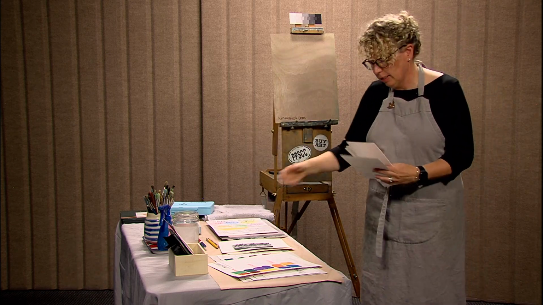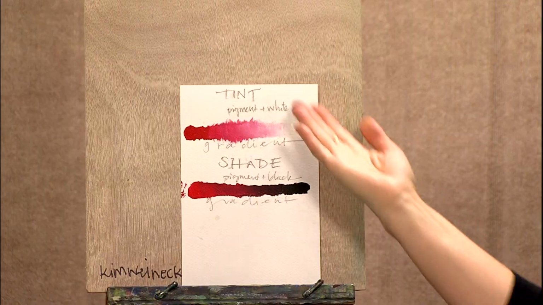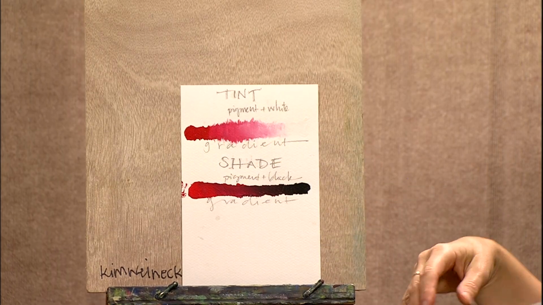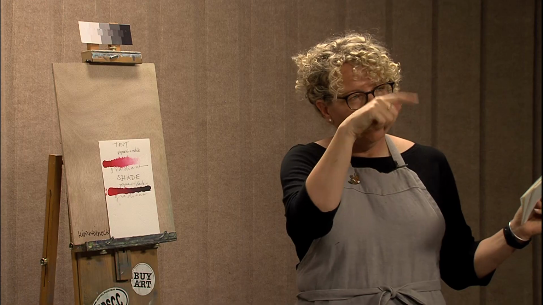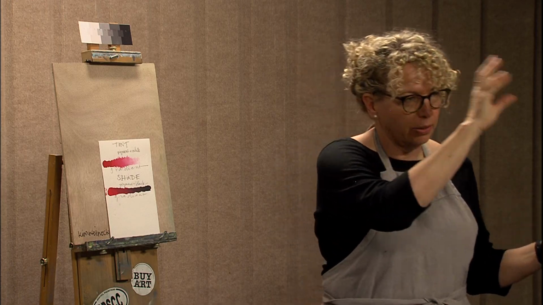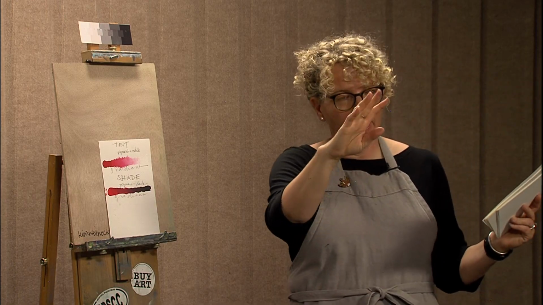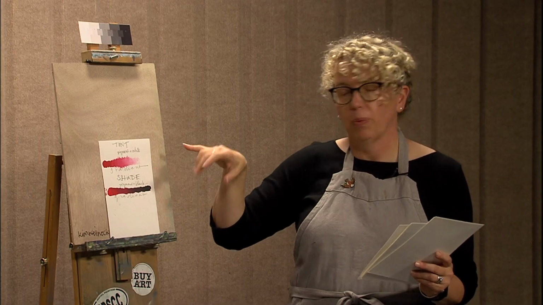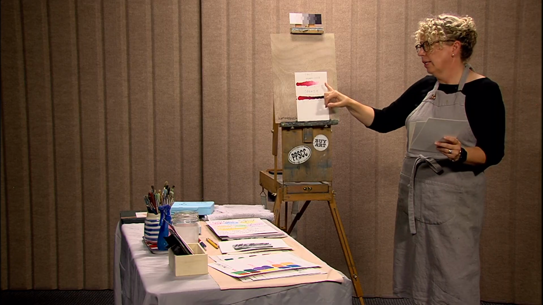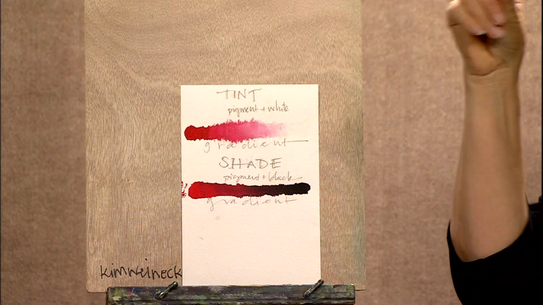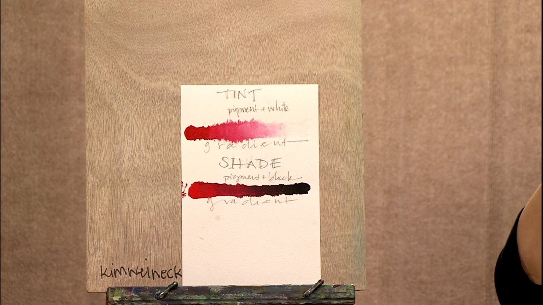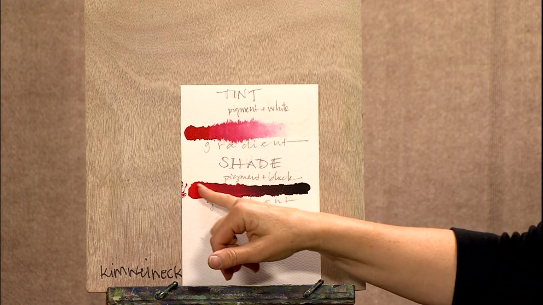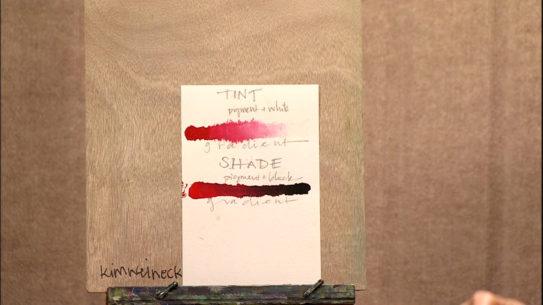Here we have tints, pigment plus white. We make a nice gradient. If you want, you can make little squares and paint the color, adding white, adding white, adding white, until you end up with the pure color and then just the smallest amount of color plus white. Shade, right? Pigment plus black and the nice gradient.